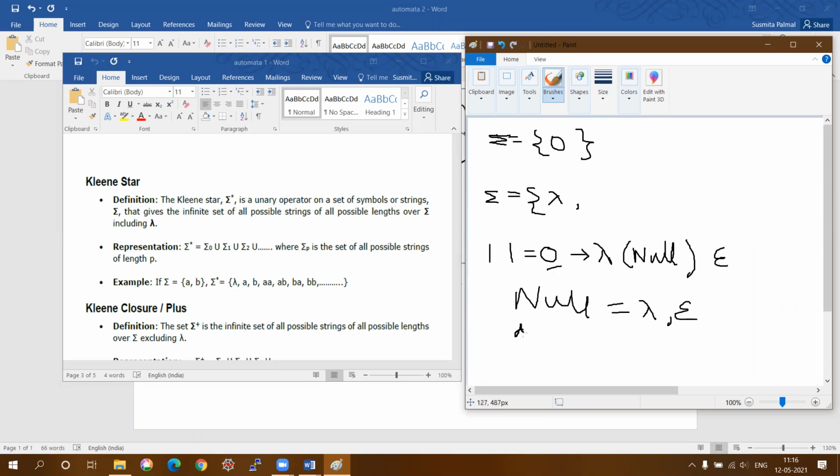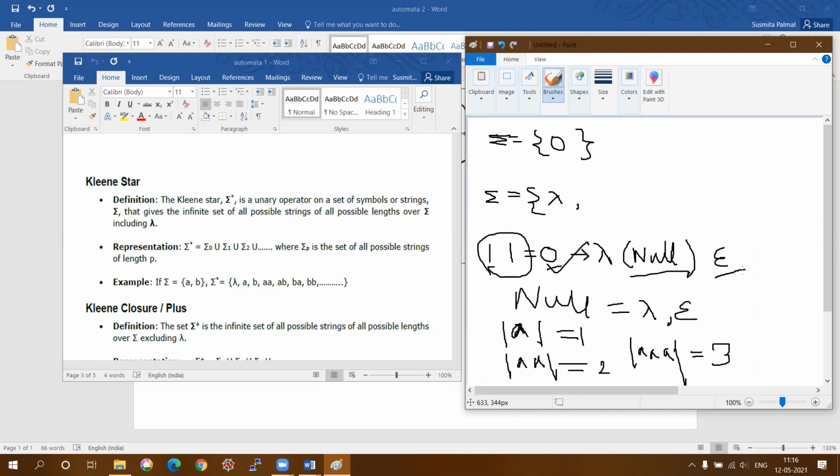If I write the length of a equals 1, the length of aa is 2, the length of aaa is 3, and so on. And the length of any empty string is 0, which is called null, or it is also called epsilon.